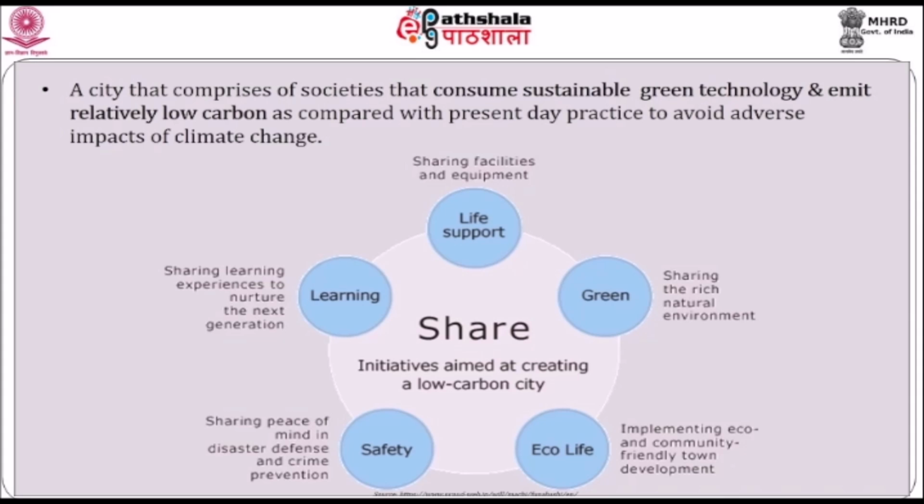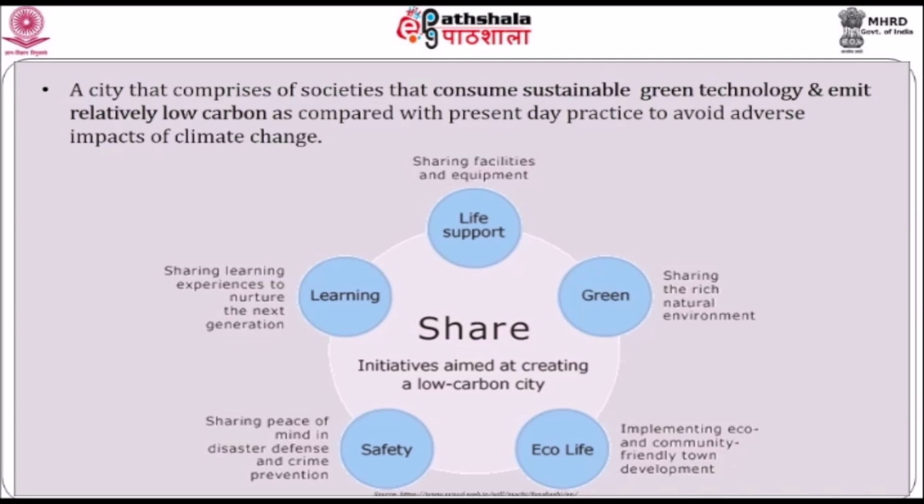So low carbon city basically has a perspective or the mandate or target of reducing carbon emissions. You can see from this picture that it is these initiatives that have aimed at creating a low carbon city, which has 5 prongs.